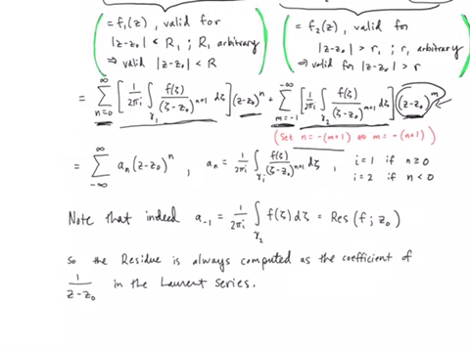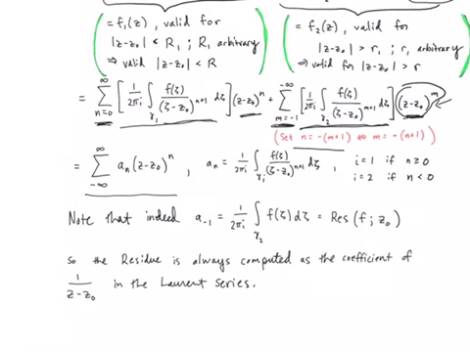And so we can write that as a sum from negative infinity to infinity of a sub n times z minus z naught to the n. And a sub n is 1 over 2 pi i times the integral over the appropriate gamma curve of f of zeta over zeta minus z naught to the n plus 1 with respect to zeta.